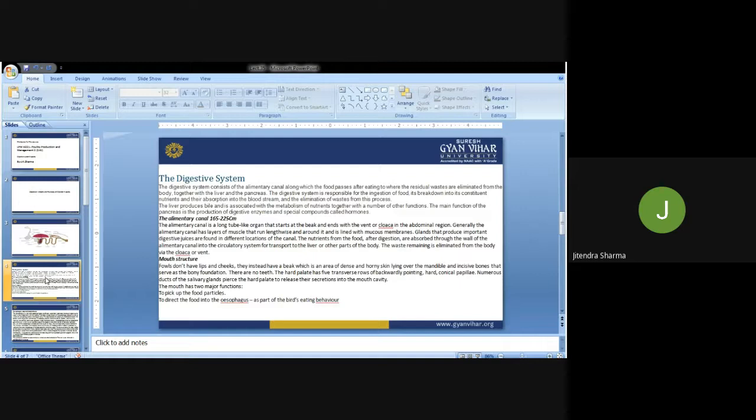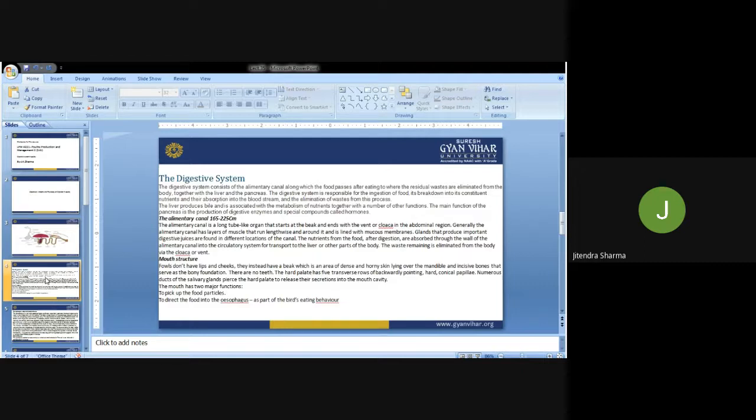Glands that produce important digestive juices are found in different locations of the canal. The nutrients from the food after digestion are absorbed through the wall of the alimentary canal into the circulatory system for transport to the liver or other parts of the body. The remaining waste is eliminated from the body via the cloaca or vent.